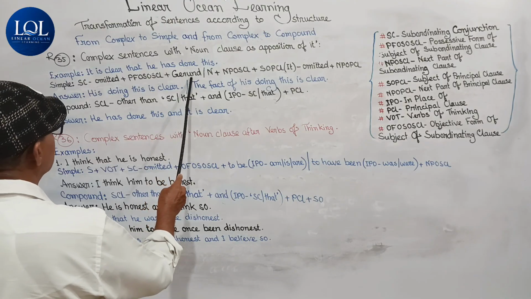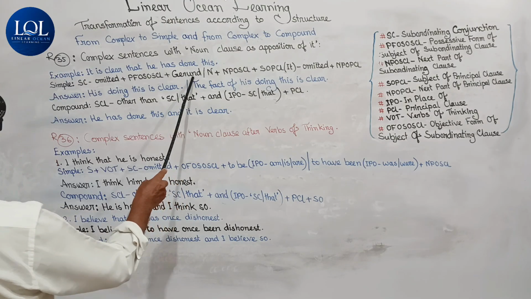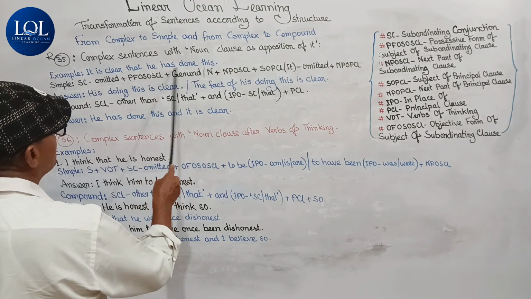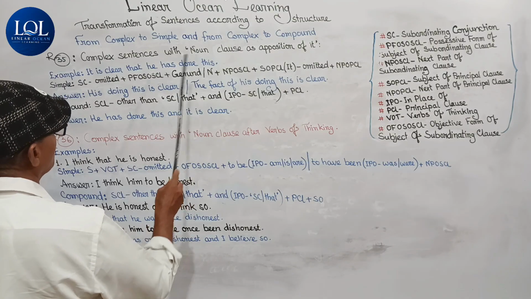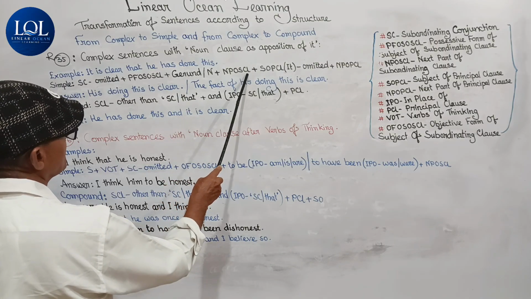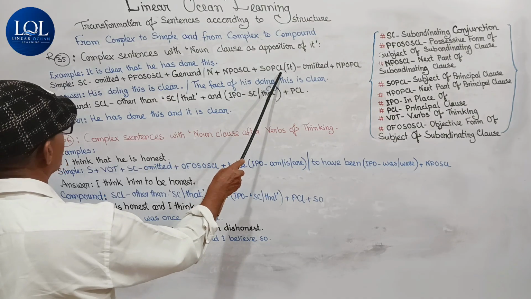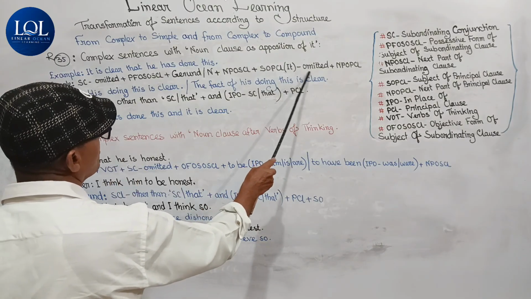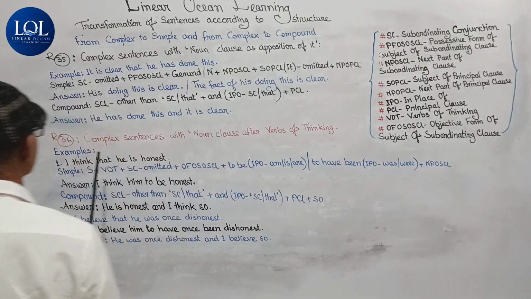That means in place of the verb we have to write a gerund, that is verb-ing or noun form, plus next part of subordinating clause, plus subject of principal clause. The subject of the principal clause here is "it"; it will be omitted, plus next part of principal clause.